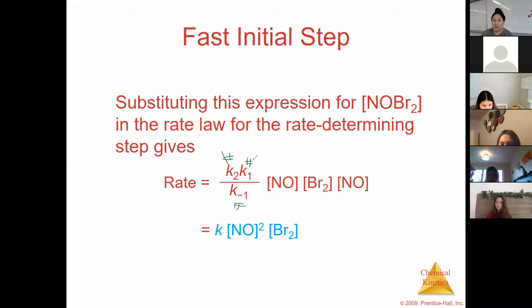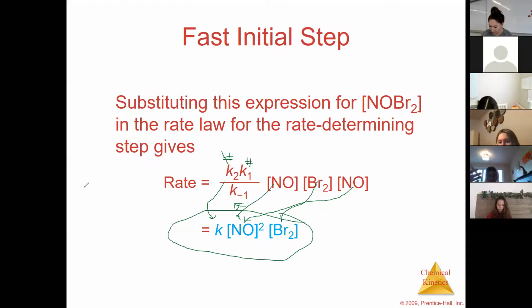So it's like this number times this number divided by this number. That's just going to be the K for your rate law. So all those Ks can just come together and just be called K. It's just some number. And there's this guy and there's this guy. So this is the rate law for that: rate equals K NO squared Br.